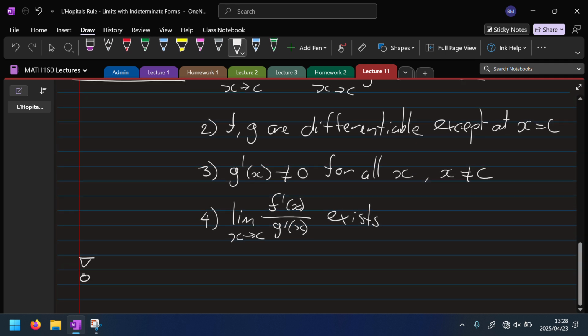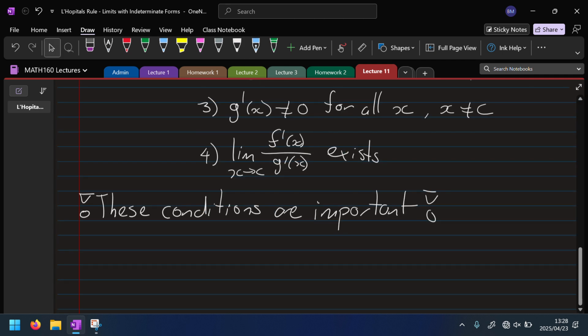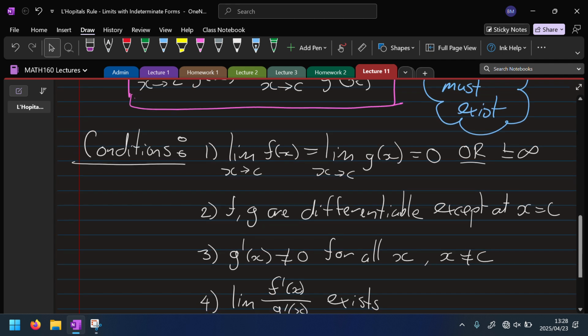Okay, and then big exclamation mark. These conditions are important. Okay, and we'll have a look at a few examples where if you ignore some of the conditions, your answer is completely wrong. So for example, the first problem, we'll see maybe the functions are not differentiable.